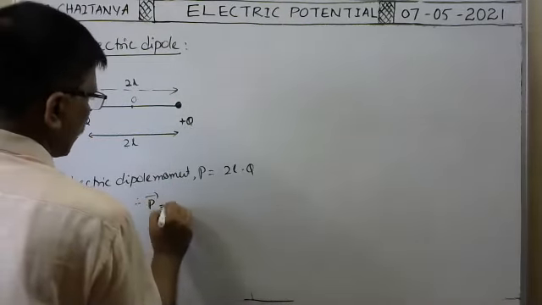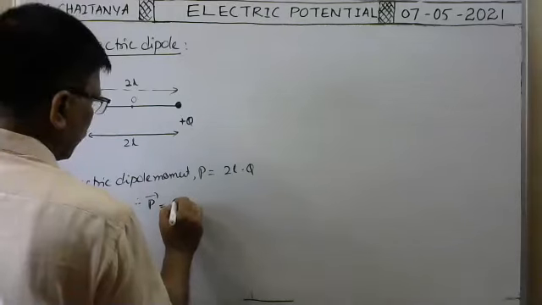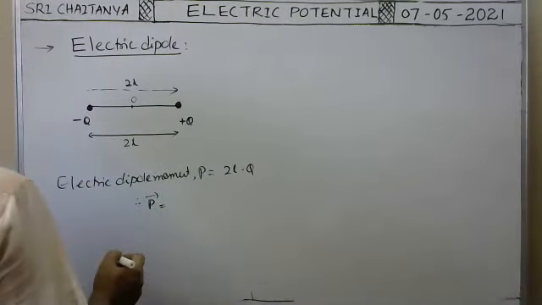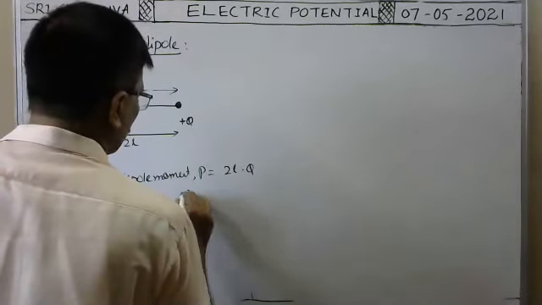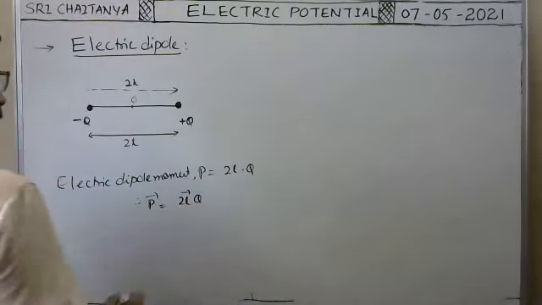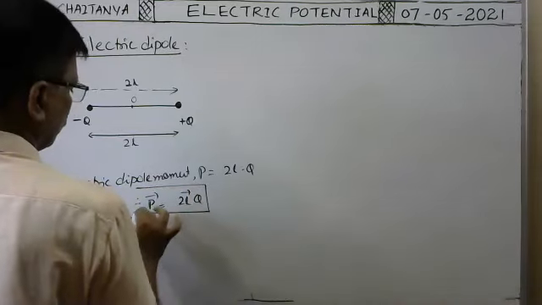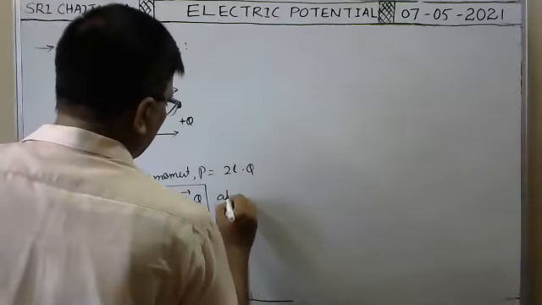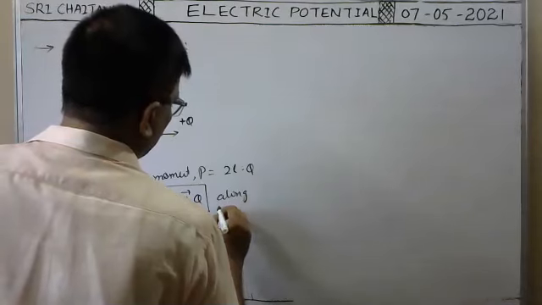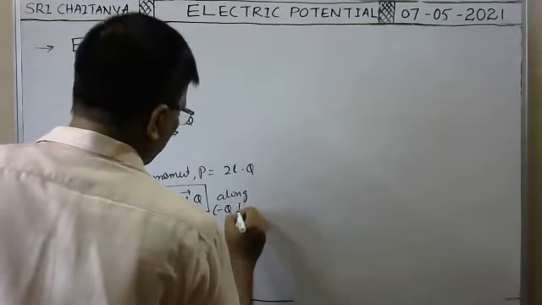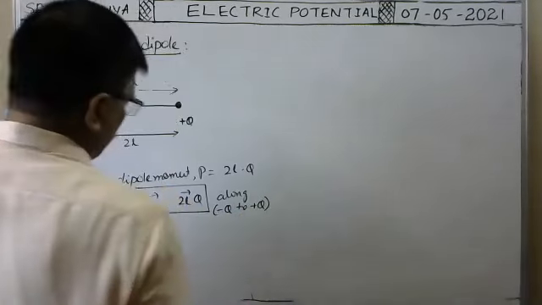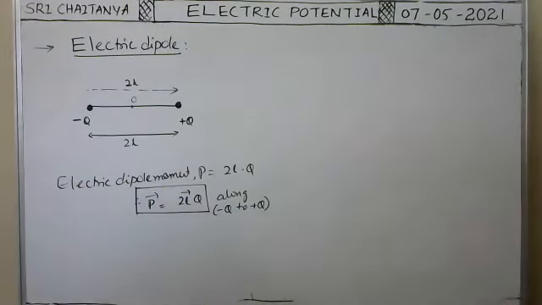Therefore, p bar is equal to 2L bar into q. It is along minus q to plus q.